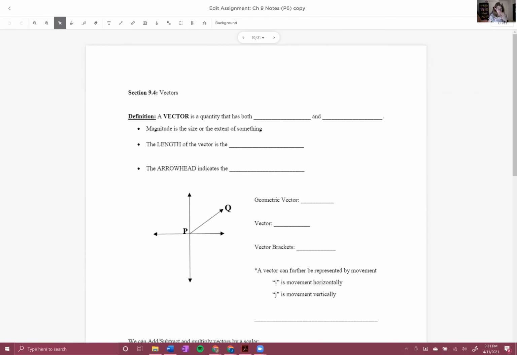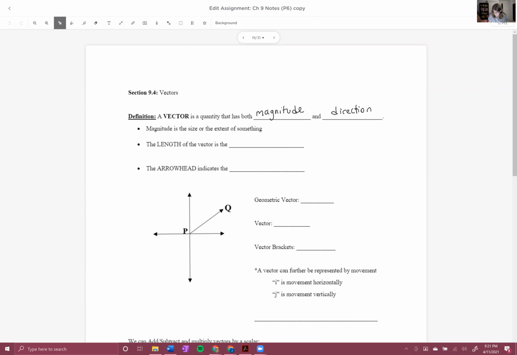Right, everybody. I'm going to go through section 9.4 on vectors. A vector is a quantity that has both magnitude and direction.